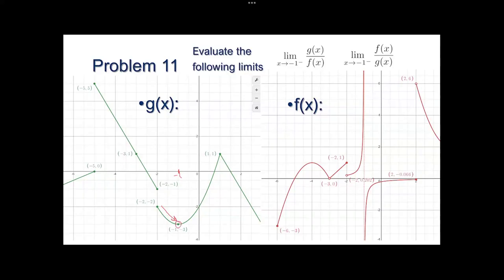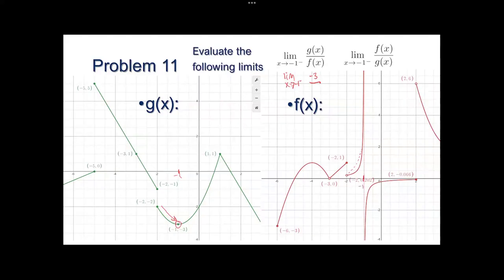So we're gonna have a -3 for g of x. So the limit as x approaches -1 from the left of g of x is -3. And same idea over here. So we're gonna approach -1 from the left. Oh no, here's -1 right here.